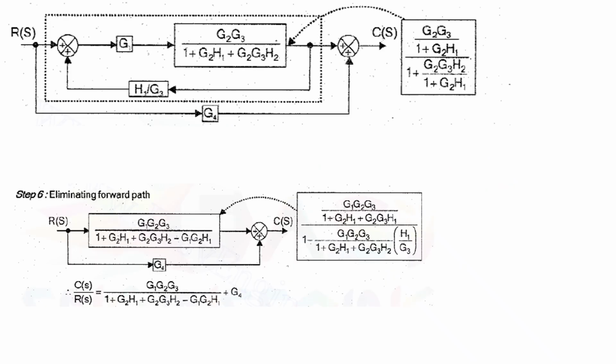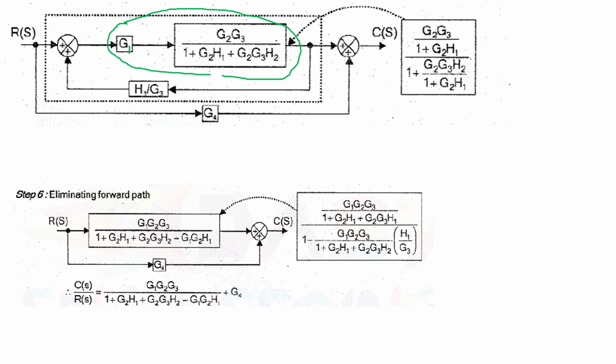That can be eliminated by having an equivalent block like G2 G3 divided by 1 plus G2 H1 plus G2 G3 H2. Now I can see these two are in cascade, so I can multiply them, followed by this feedback H1 into H1 divided by G3. So this is G1. I can combine them.